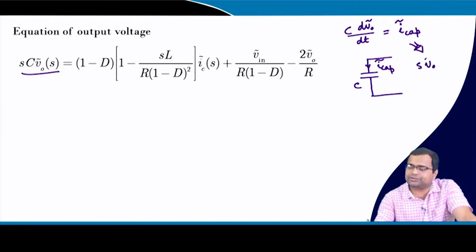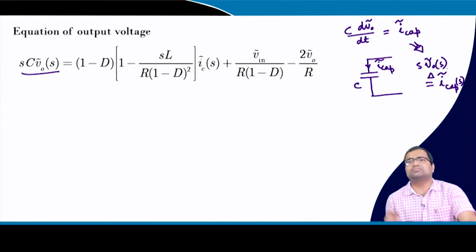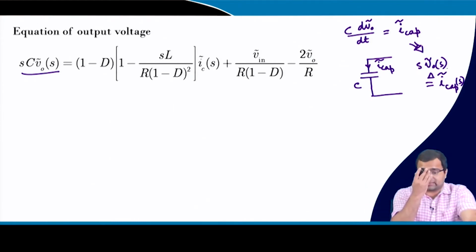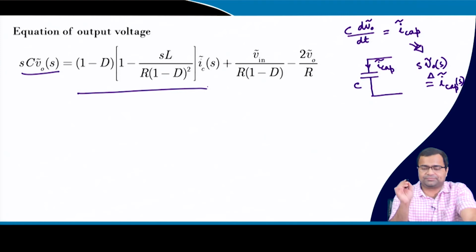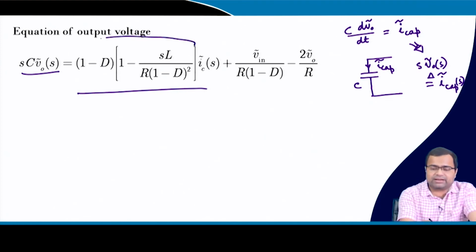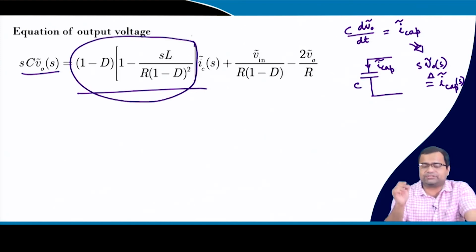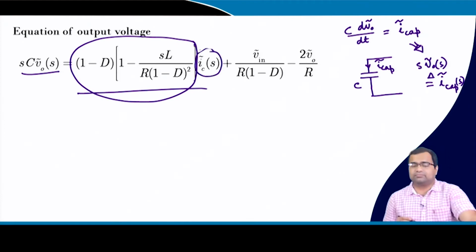s V_0(s) is nothing but equivalent to I_cap(s), the capacitor current. So, this capacitor current has three components. This you can treat like a constant coefficient times one current, right.